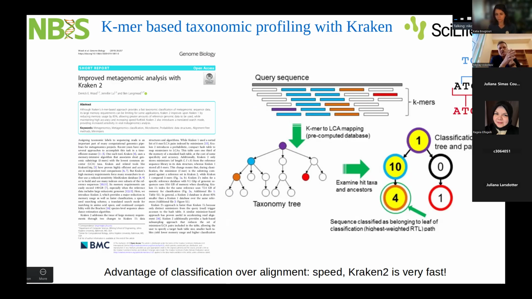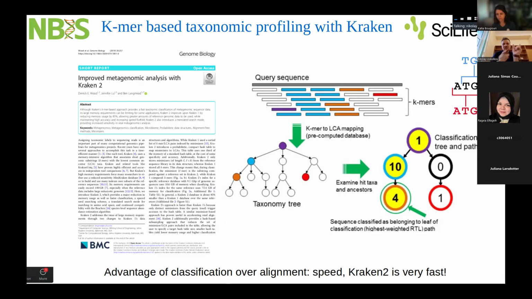Kraken, at least I would say, is the gold standard. You never analyze reads shorter than 30 base pairs, because 30 base pairs is a kind of minimal specificity threshold.